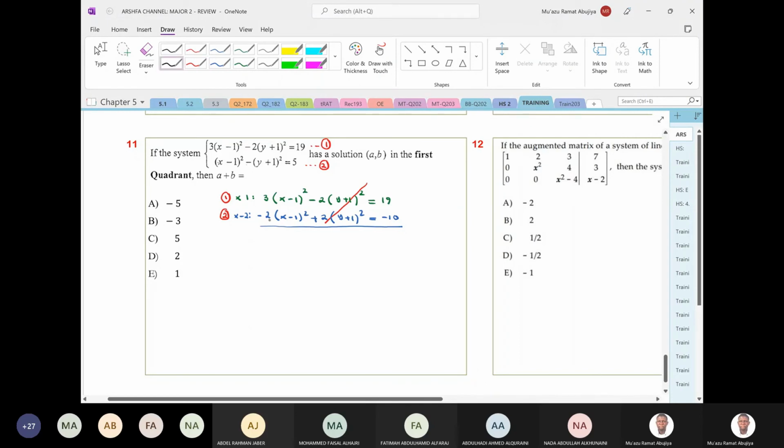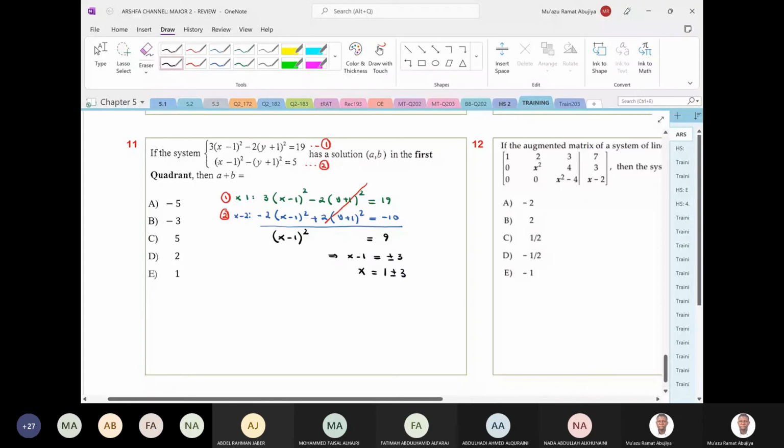Now what are we left with? We are going to be left here with 3 minus 2. So we have (x minus 1) all squared, and this is going to be equal to 9. So therefore, we have (x minus 1) squared equal to 9, and that means what? It means x minus 1 is equal to, when you take the root of both sides, plus or minus 3, and that means x is going to be equal to 1 plus or minus 3.